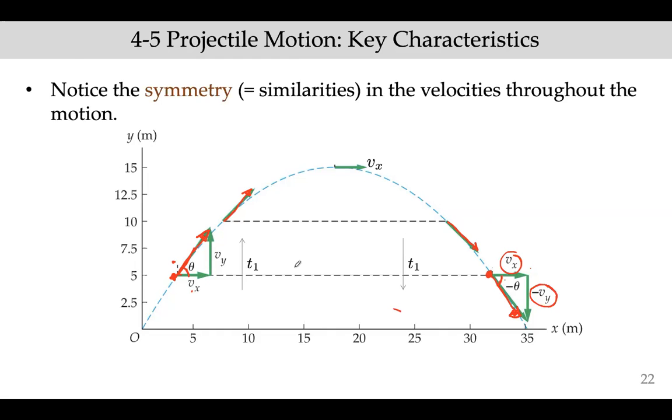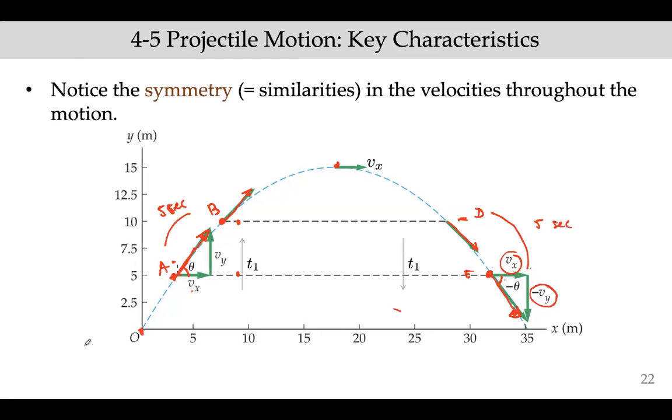And let's say it takes 5 seconds to go from A to B, from here, this point D, say this point E. So from D to E, it will again take 5 seconds. If it takes 20 seconds from the origin to the top, then again, it will take 20 seconds from top to the ground. So the same thing.